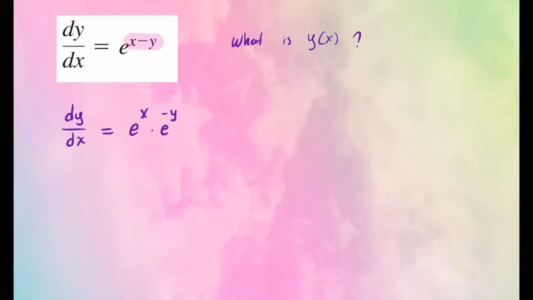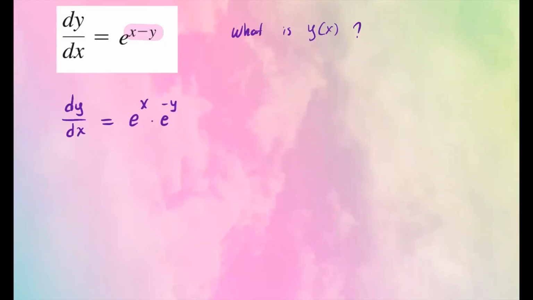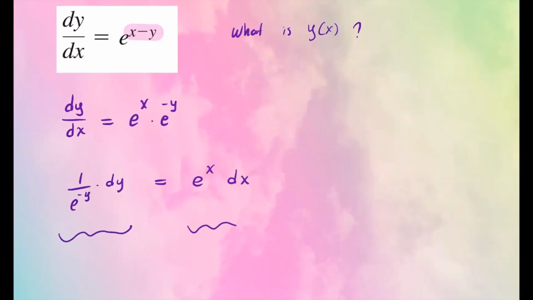I can separate them algebraically. So we can divide both sides by e to the negative y and multiply both sides by dx. So you have 1 over e to the negative y times dy is equal to e to the x dx. So I have separated the variables. Here you have everything in terms of y, and here you have everything in terms of x.